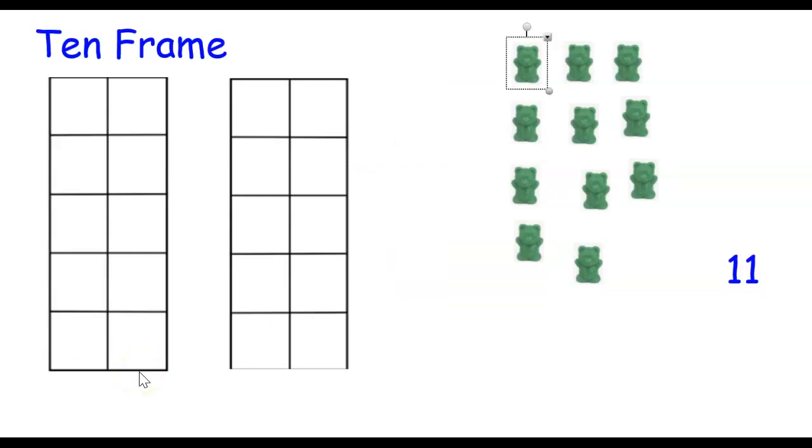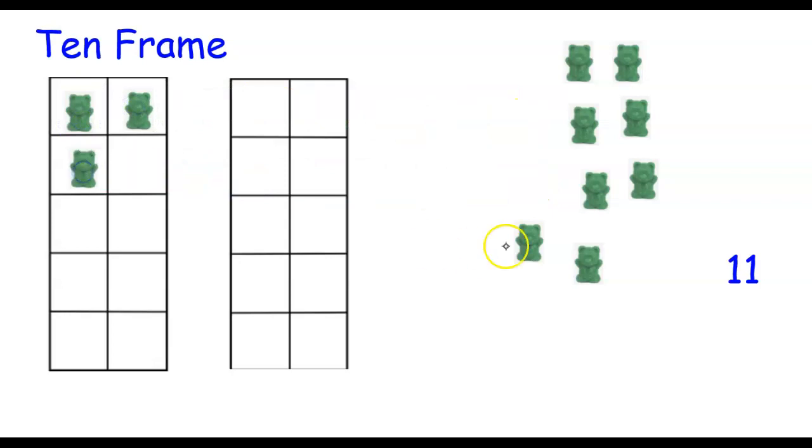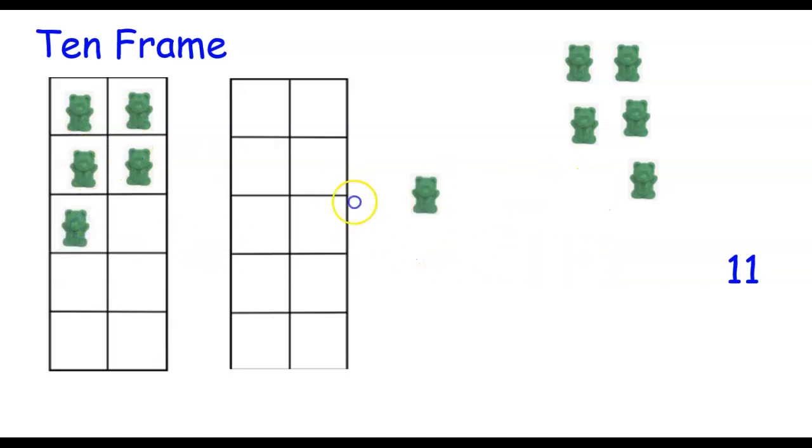Let's look at these bears. If we set them in the 10 frame, we can tell whether 11 is an even or an odd number. So here is 4. That's an even number because each bear has a partner. 6 is an even number.